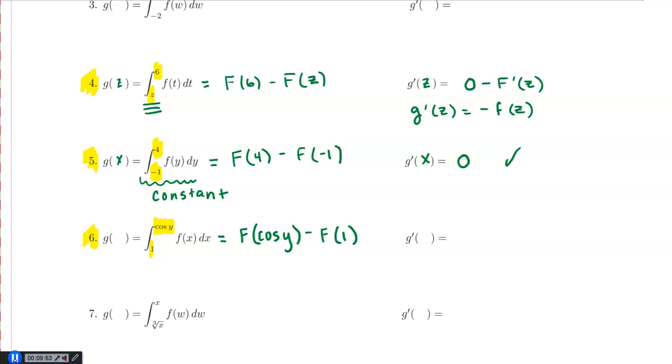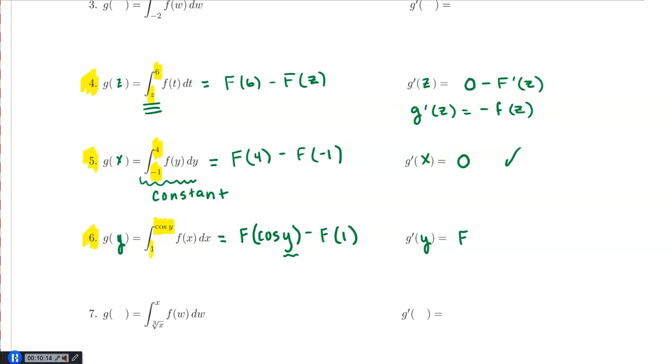And when we want to see what variable g is going to be a function of, well, y is the only variable over here, so g is a function of y. And to find g prime of y, I take the derivative of capital F of cosine of y. So this is a mother and baby situation.